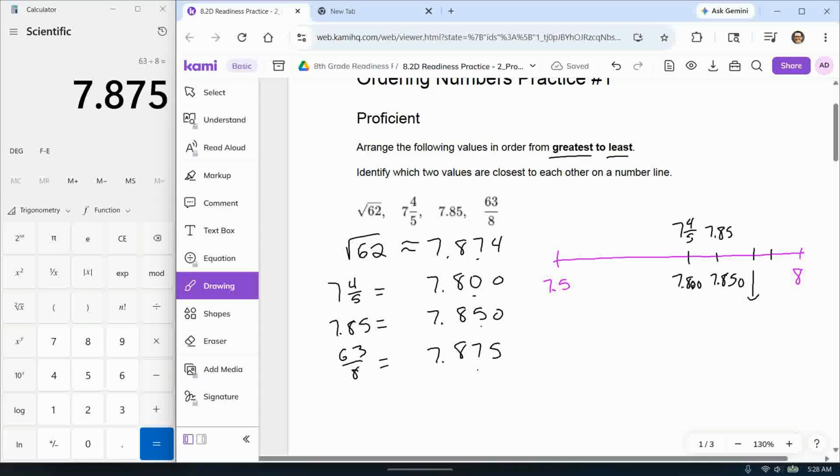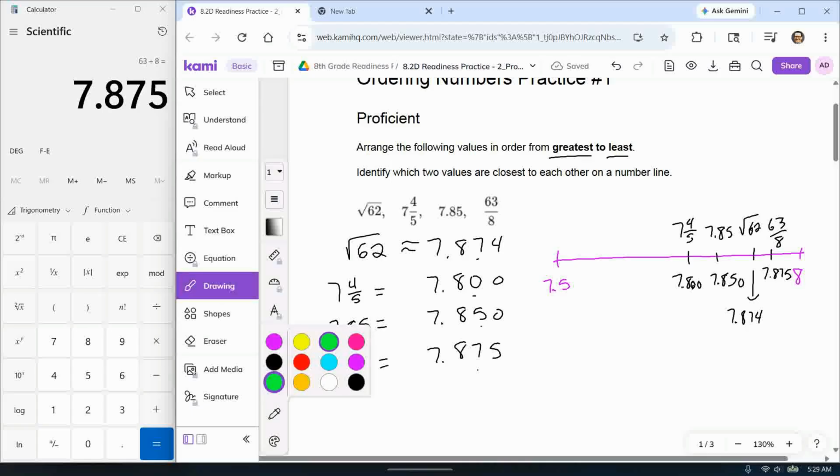And I'm going to kind of run out of room, so I'm going to put that down there. 7.874, which is the square root of 62. And then my 7.875, which is the 63 over 8. So here is my list, right, from least to greatest here.